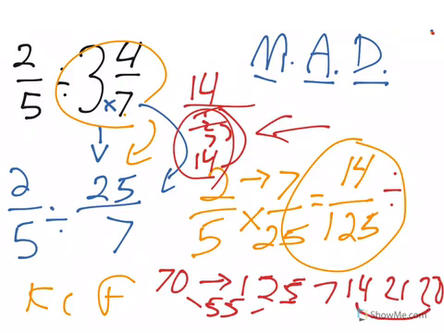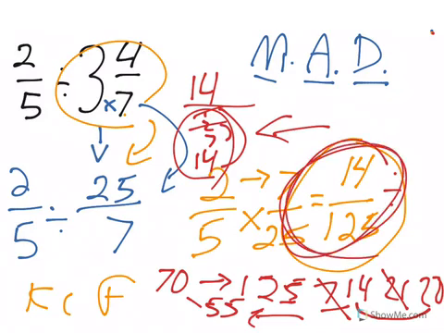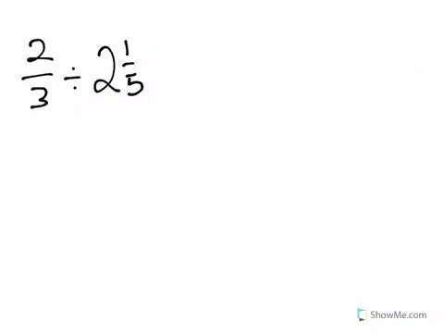So it'd be 14, 28, 42, 56. It's the same as counting by 7s, except you skip every other one, and that also will not go in. So this ends up being in simplest form. Our answer to the problem is 14 over 125.